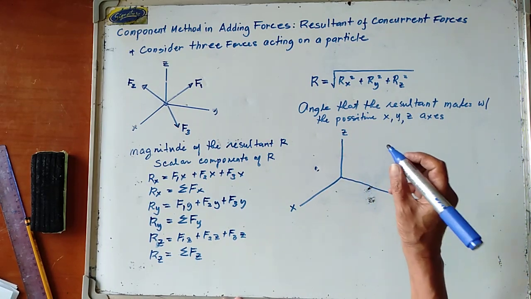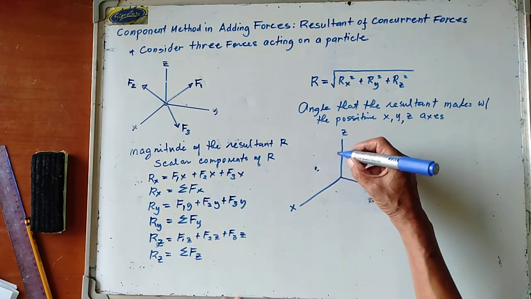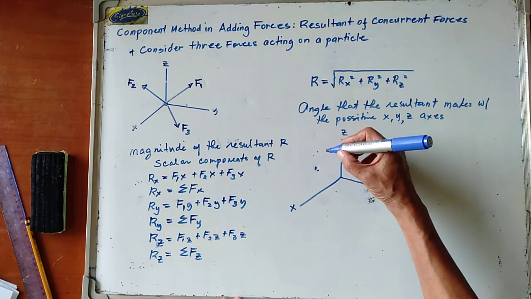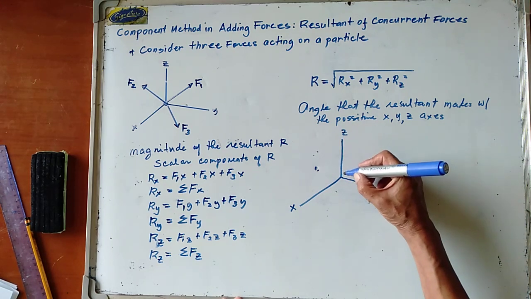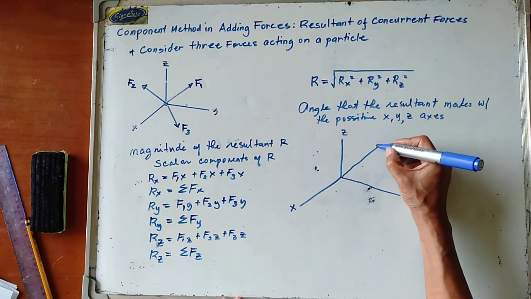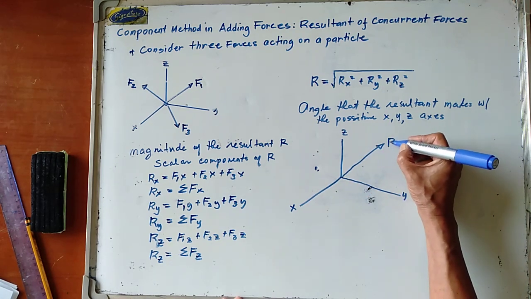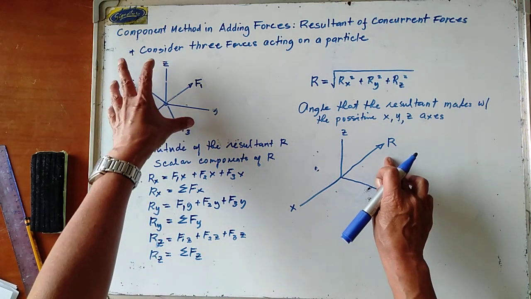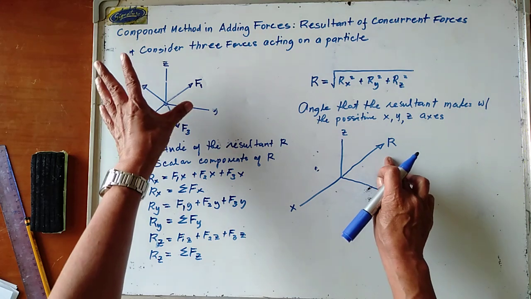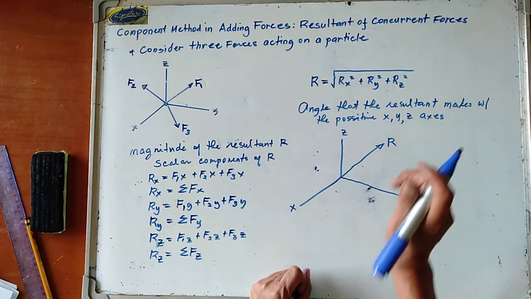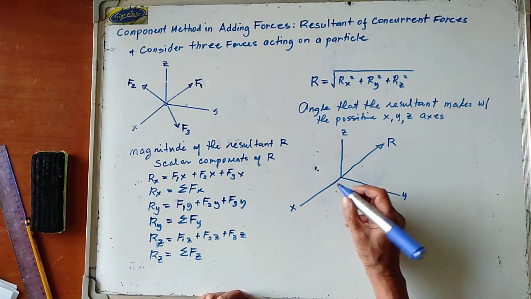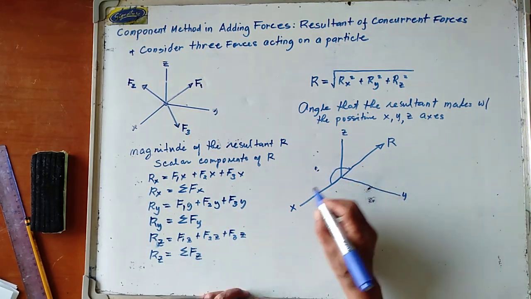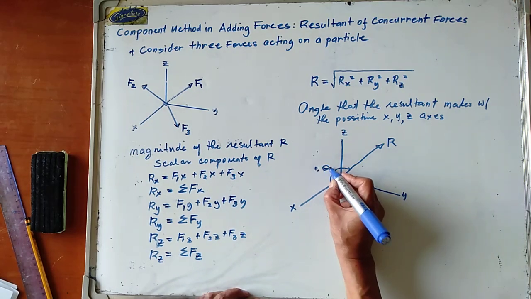Let us consider that this is the resultant force R. Again, this system of forces is replaced by a single force known as the resultant. So this is your theta x.